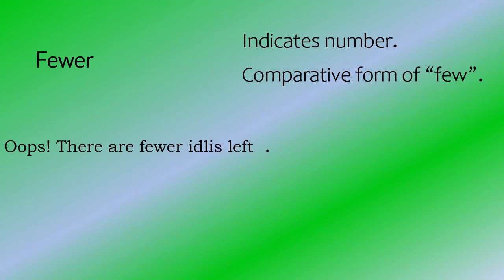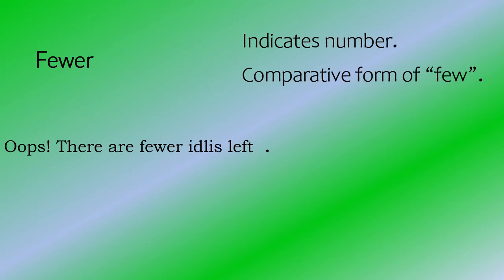We also quoted a point here, comparative form of few. Fewer is the comparative form of few. Means the determiner fewer also helps us to compare the number of a particular noun with some other things. A comparison is possible with the help of the determiner fewer.